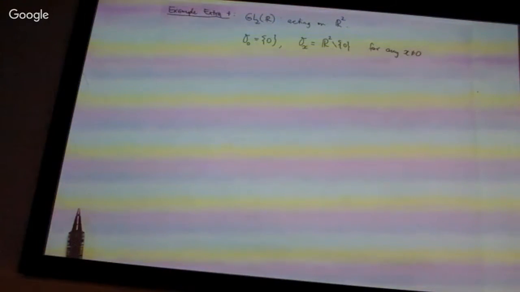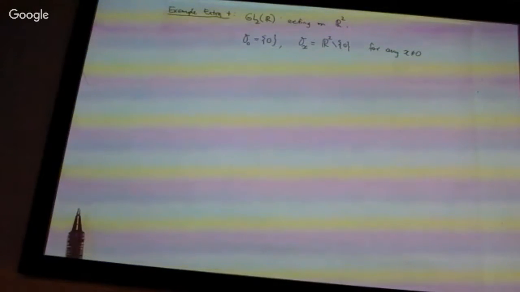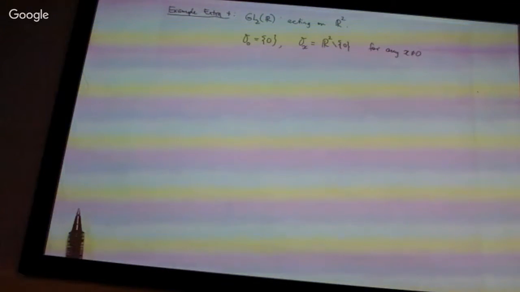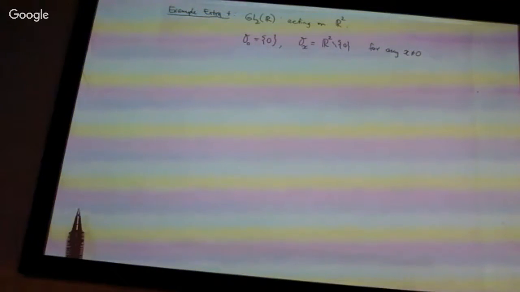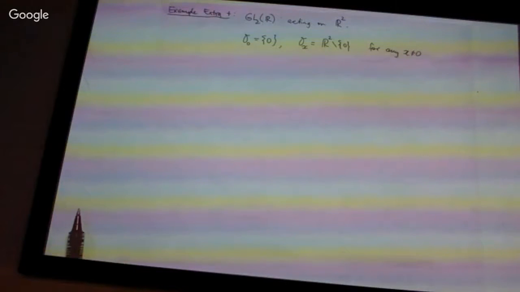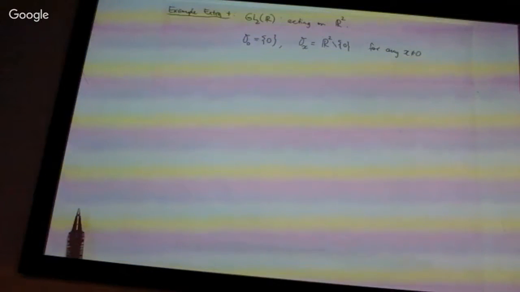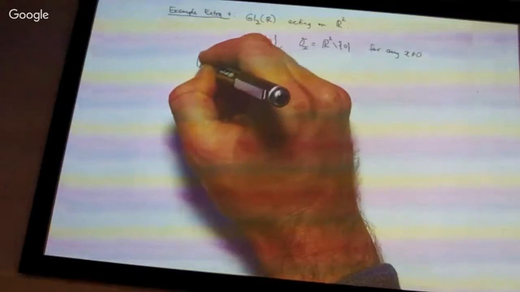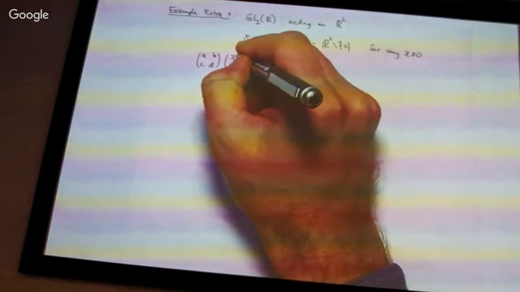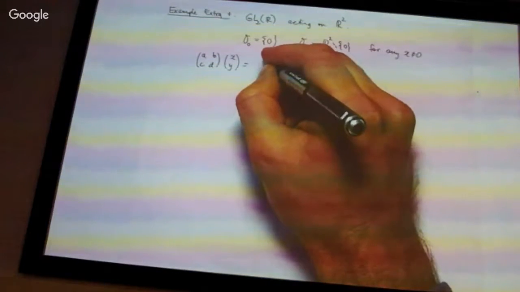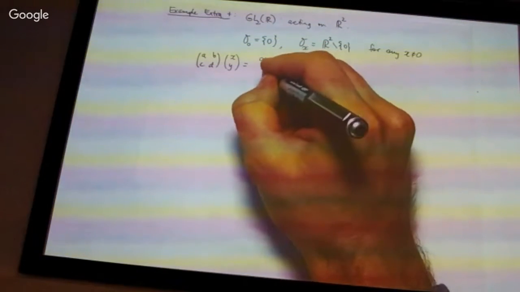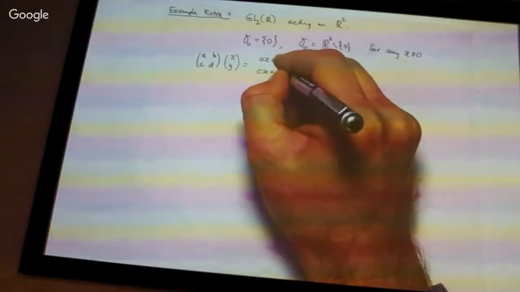One thing is that each of the little actions by every element is a permutation, a bijection. So 0 is mapped to 0. There can't be anything else mapped to 0 because it's injective. That's assuming that it's an action, which we didn't really prove, but it is. If you wanted to get it directly from the matrices, you take x, y and get ax plus by, cx plus dy.